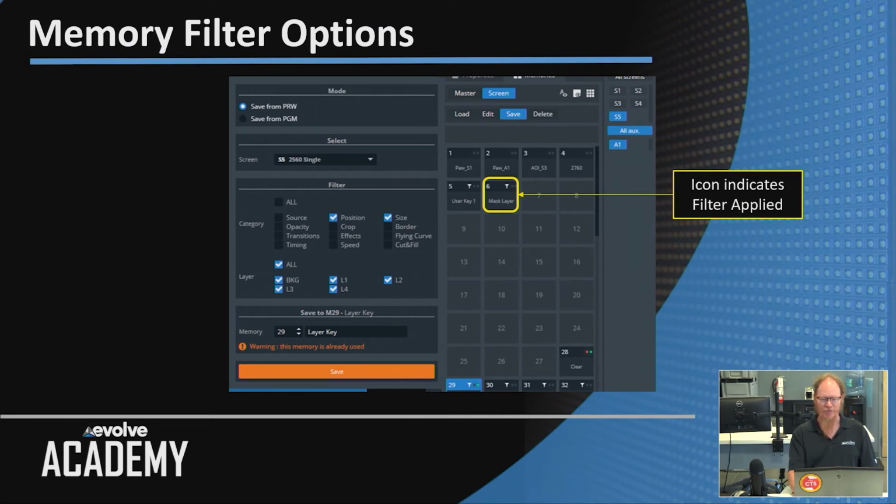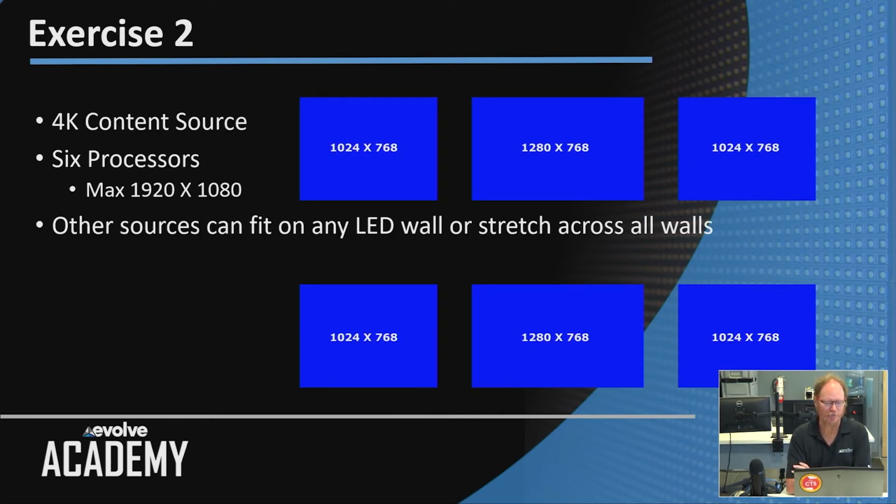So let's do exercise 2. So 4K content, 6 processors, 1920 by 1080 each processor, and sources can be either specific to each output or they can be stretched across all 6 of these LED screens. For anyone who has taken our other screen processor for LED class, these are exactly the same examples.